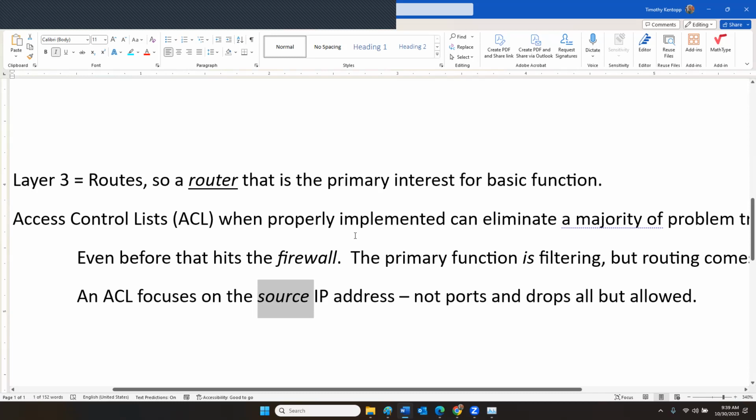So if you have a security challenged network, the first question you ought to ask is, okay, where's the router and how is that connected to the internet, and do I have ACLs set up? And you do that before you talk about firewalls.